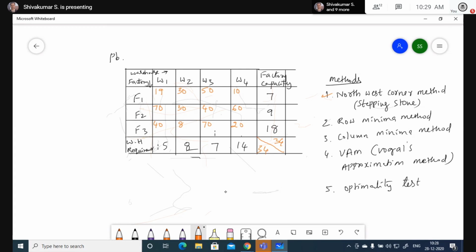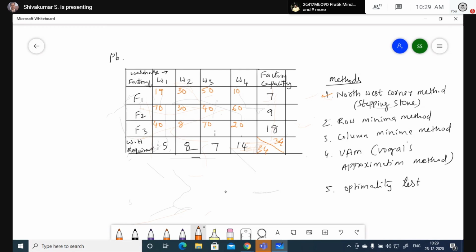So both are the same. Now it's very important that the capacity and requirement should be the same. For example, if the requirement were only 30, you would add one more row, keeping the transportation cost as 0, and add one more 4 here. Similarly, W1, W2, W3, W4 are the 4 warehouses, total 34.